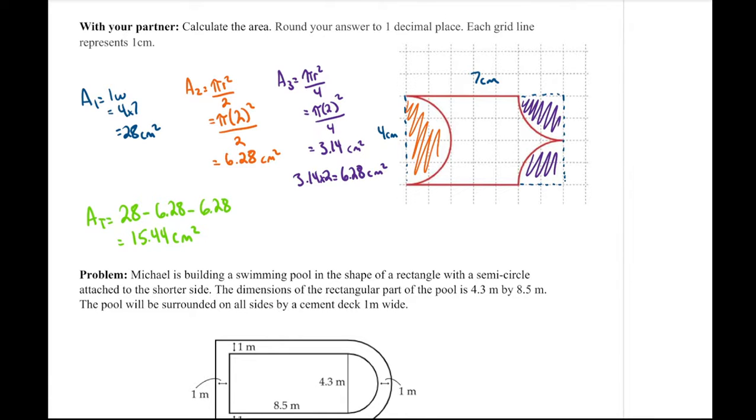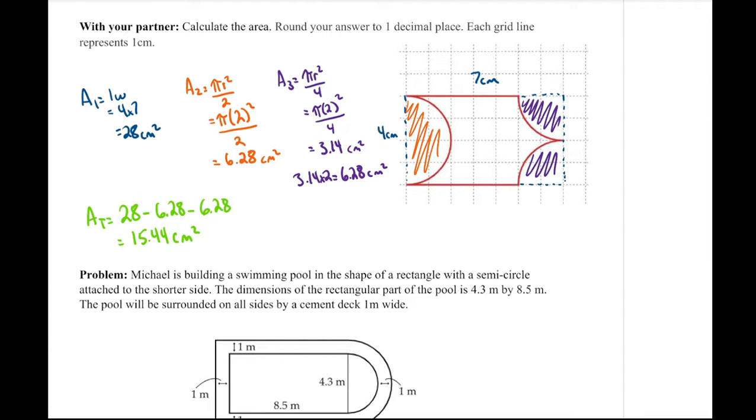Coming back and looking at this example, I've done it a different way than what we've done before. Because we're dealing with a bunch of semicircles and quarter circles, and it'd be a bit harder to divide it up into shapes that we could add together, I had to do the reverse. So I imagined that I filled in or extended my lines or dimensions all the way to the end.